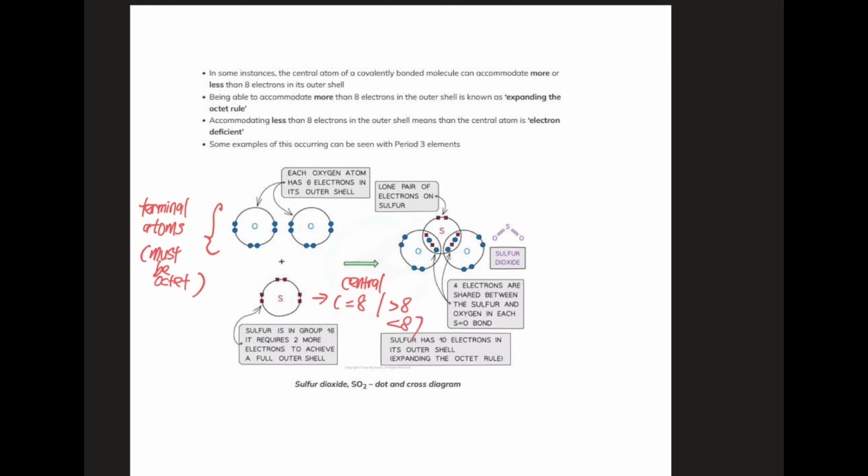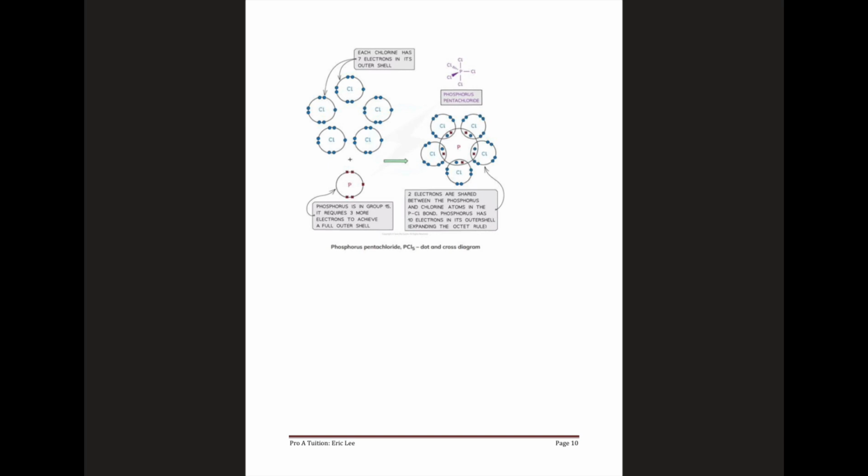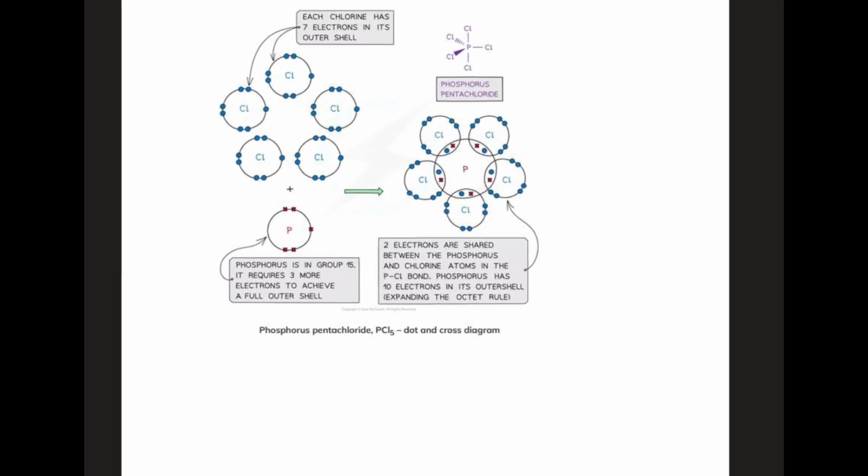Okay, this is the example. And let's see, some examples of this occurring can be seen with period 3 elements. So this is period 3. They form this 10 electrons. So sulfur dioxide looks like this. Okay, let's move on. The next one is PCl5, which is phosphorus pentachloride. This phosphorus, you have to know that it is staying at the third period.